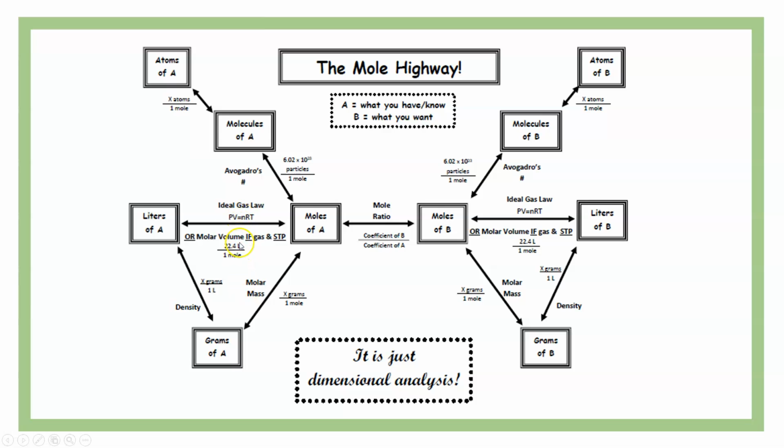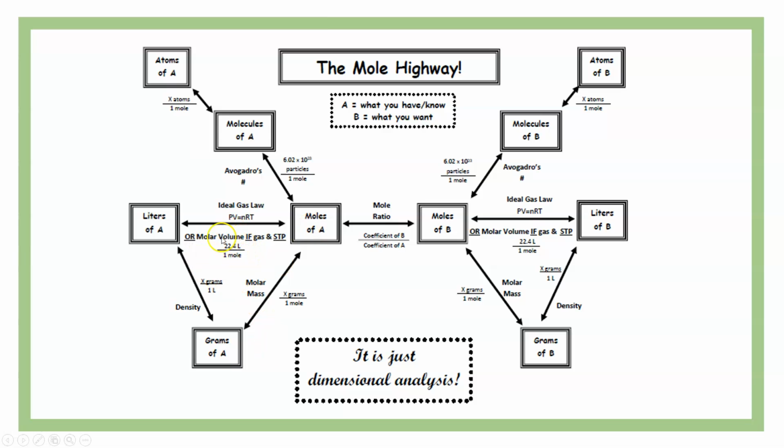There's a couple extras added in here. Density sometimes pops up. It's nice to be able to go from a volume to a mass using density. We'll learn later in the year something called the ideal gas law, which allows us to use a little bit of algebra and some topics we haven't learned yet in the gas chapter to be able to go from a volume to moles.